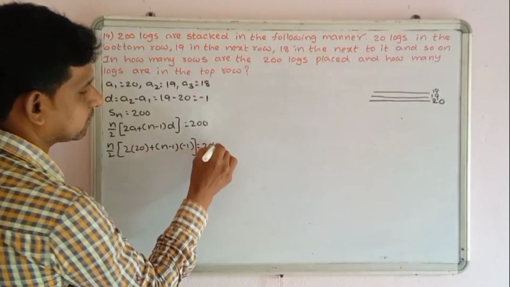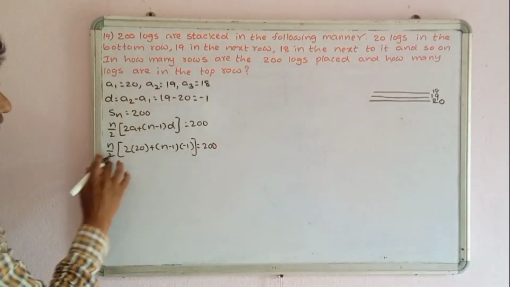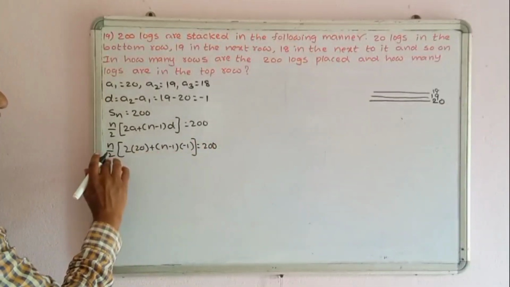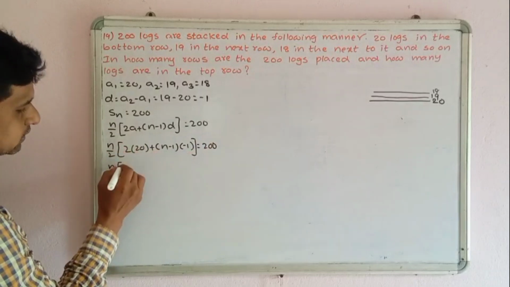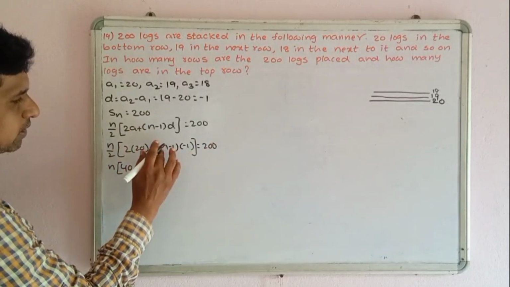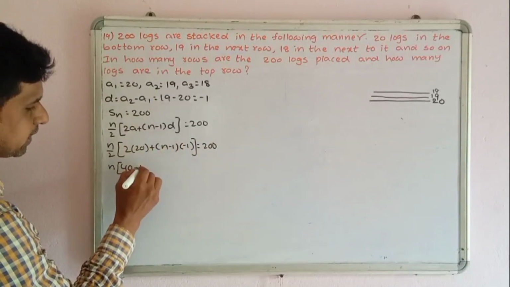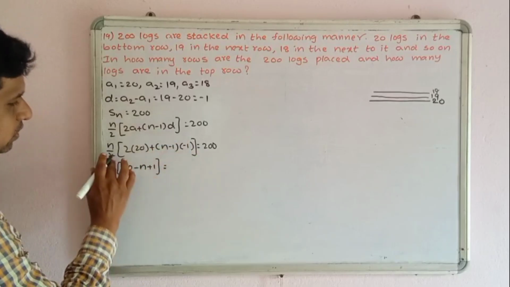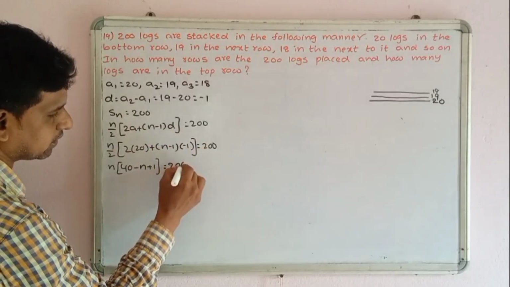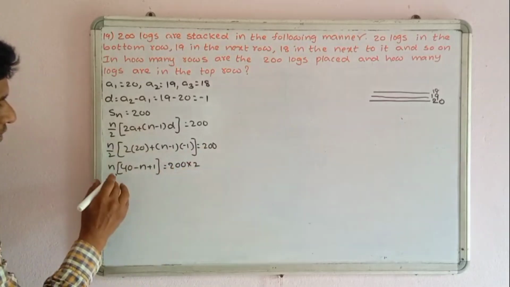equals 200. Transpose the 2 to the right side, multiply with 2. So n times 2 times 20 is 40, minus n into minus 1 is minus n, minus 1 into minus 1 is plus 1, equals 200 times 2.